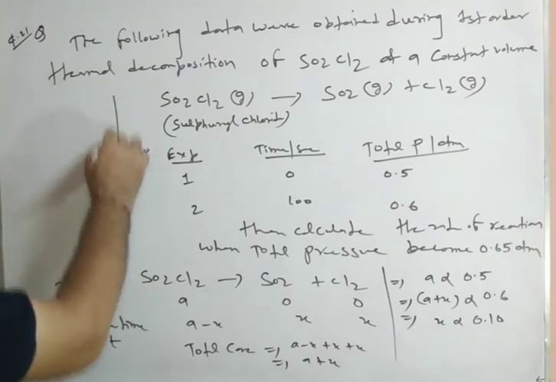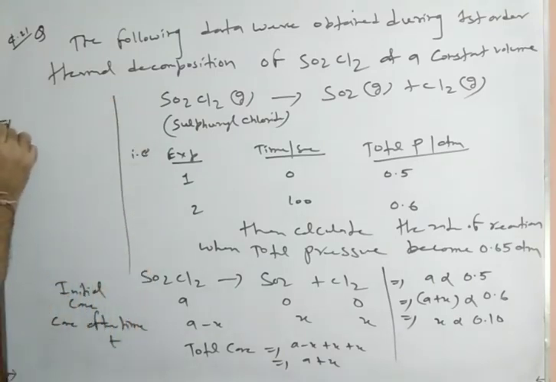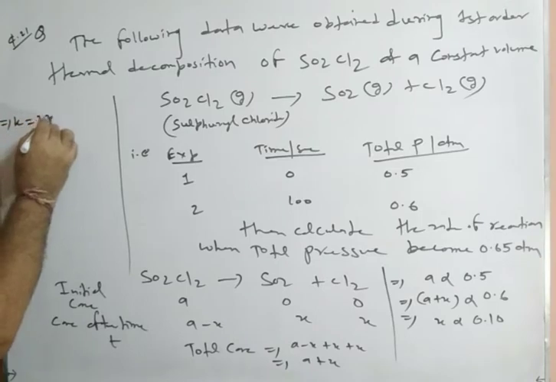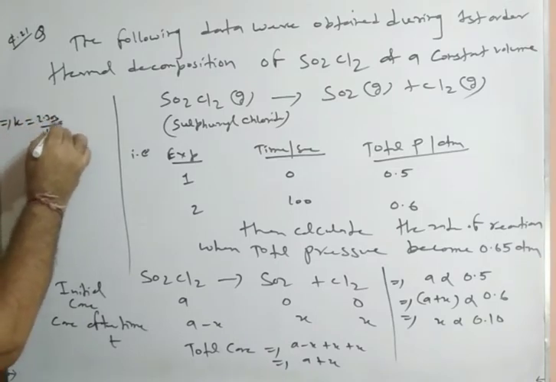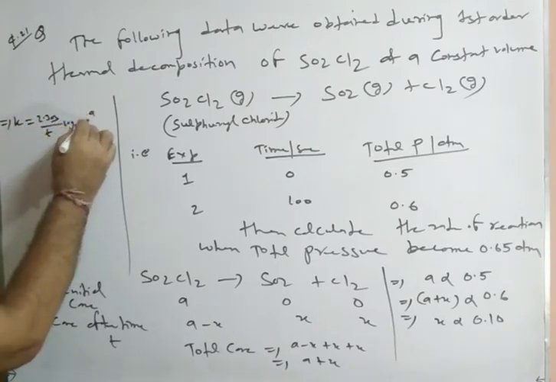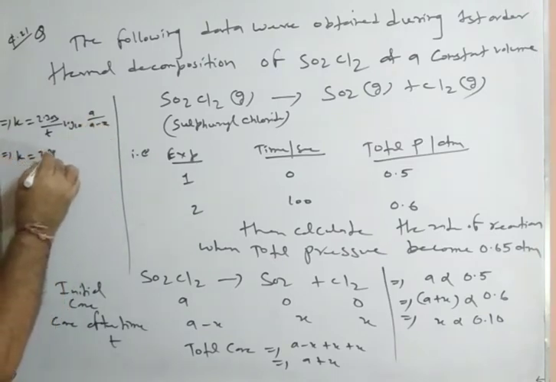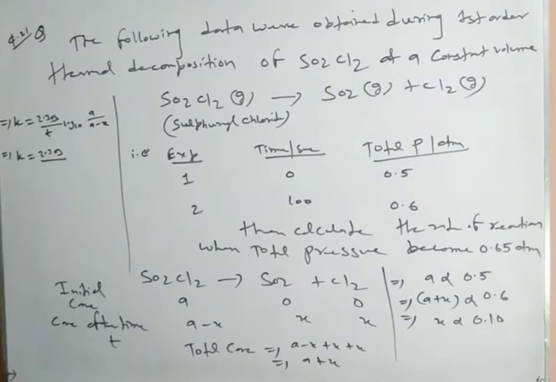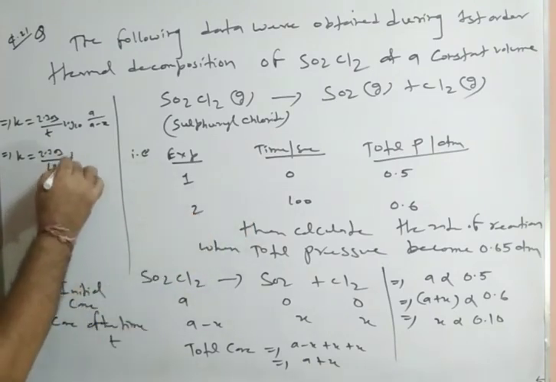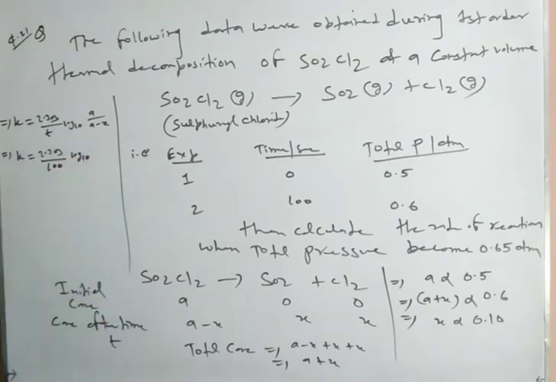So from first order kinetics we can write k is equal to 2.303 by t log base 10 a by a minus x. k is equal to 2.303 by t, 100, log base 10.